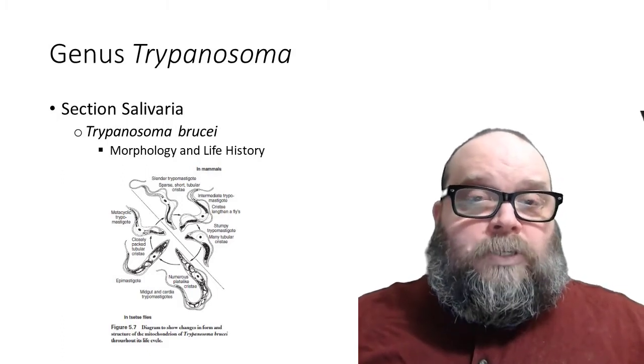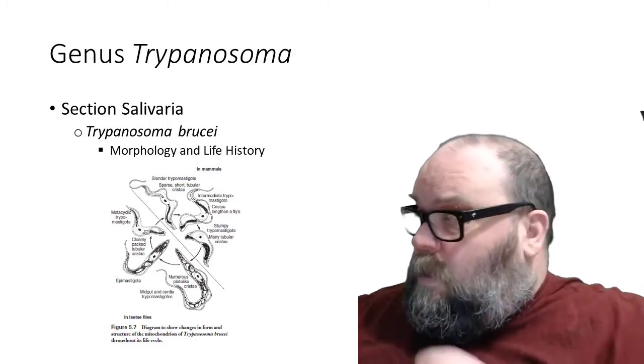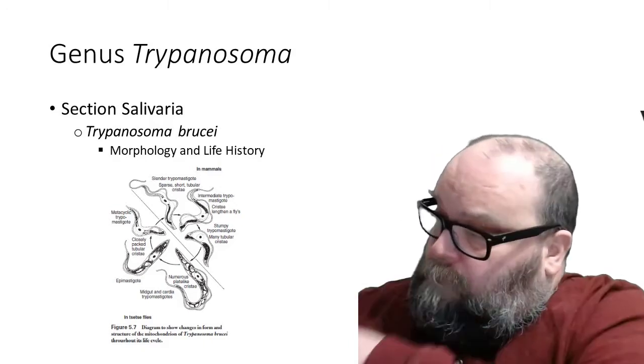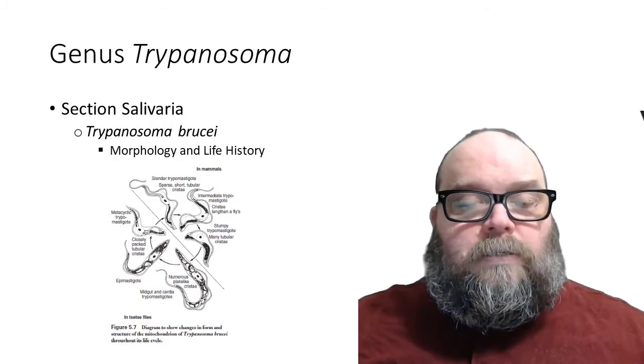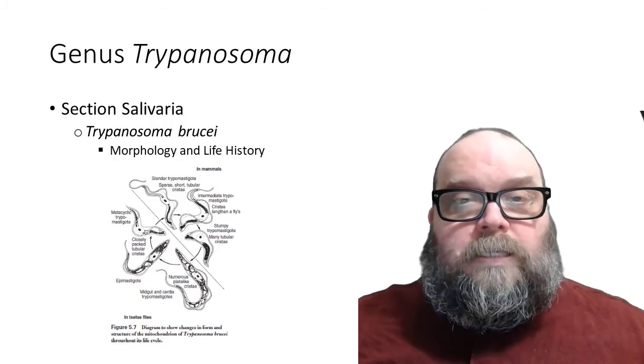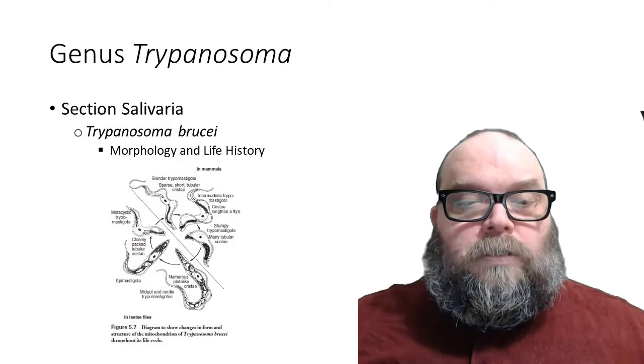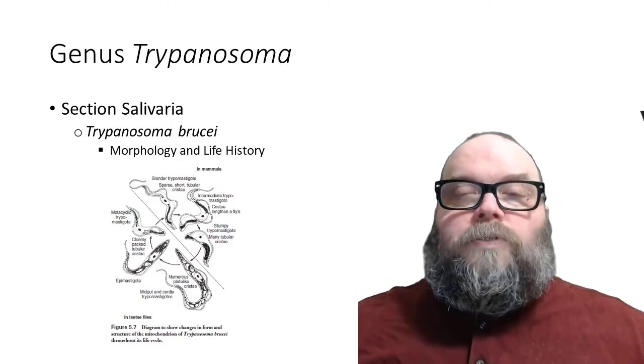But on closer inspection, even as you see here on this artist rendition, if you look at the bottom left, you will see that this is where in the tsetse fly, it's a little broader, a little more rugged to it.